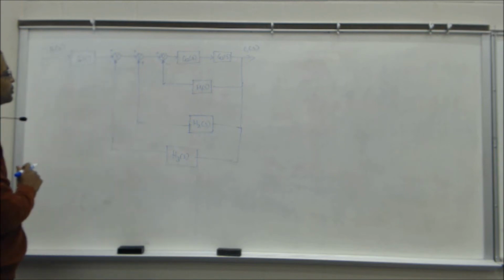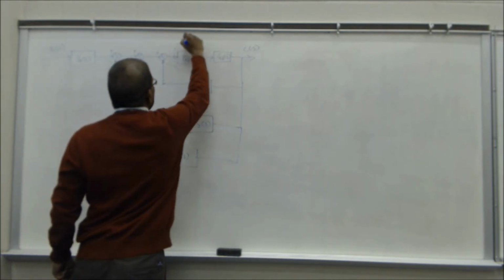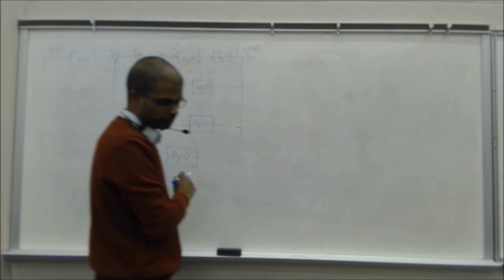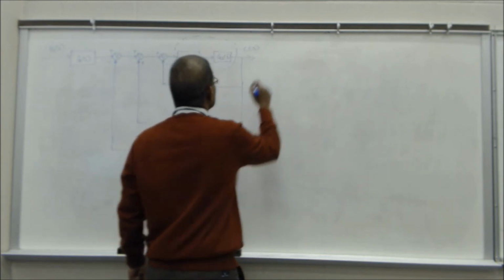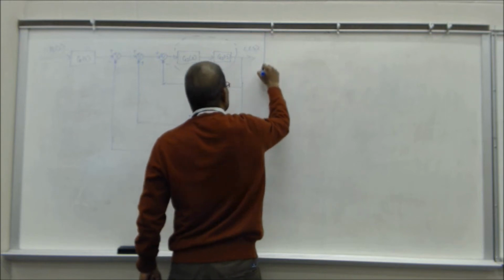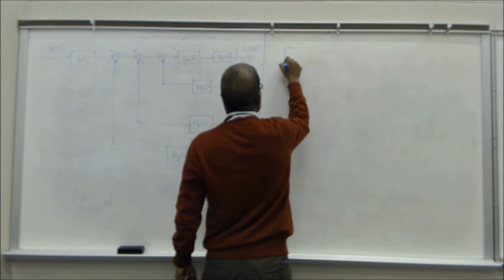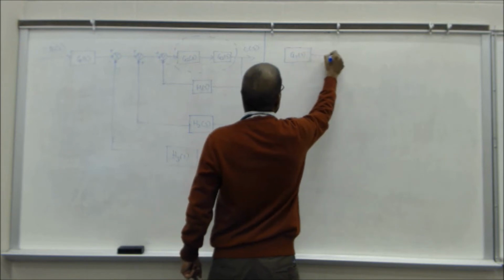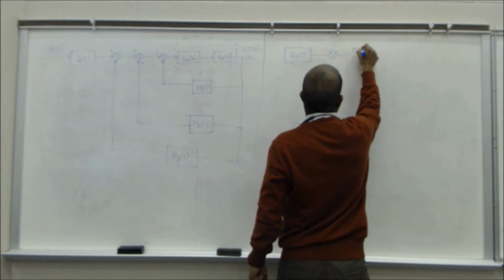So this is your system. The first thing you're going to do, if you're given such a system, is look at this. You can cascade this, correct? So what you're going to do is replace all the summation signs by just one summation sign, and then do a cascade.